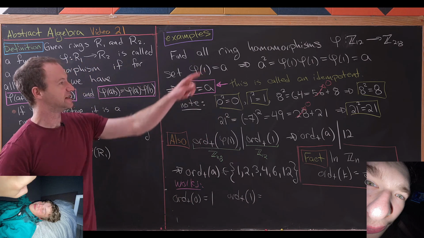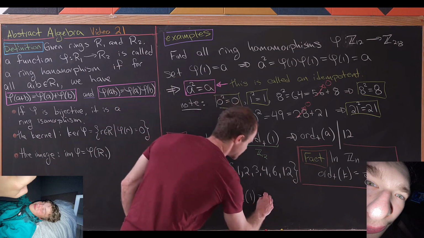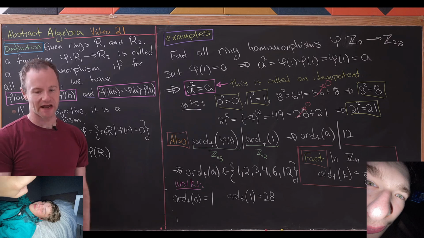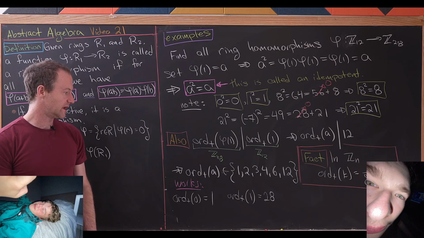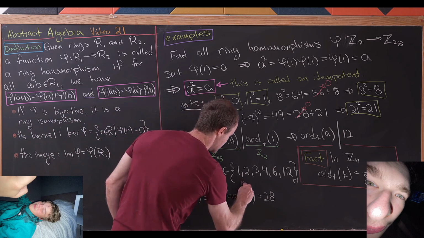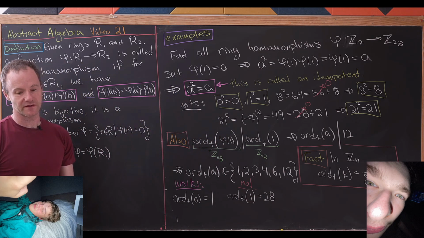Inside of Z28, the additive order is 28. We don't even really need to use this formula because it's easy to know the additive order of 1 inside of Z28. So this doesn't work. I'll just put a no up here. That is not a possible value of phi of 1.